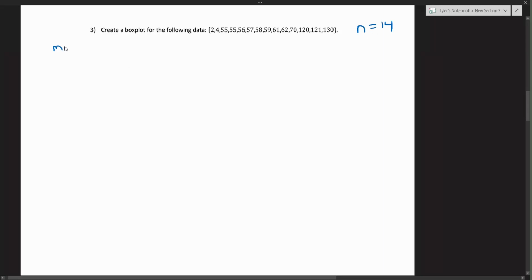We want to find all those parts still: the minimum, Q1, median, Q3, and the max. Then we'll find the interquartile range, the lower fence, the upper fence, and we'll find the outliers.